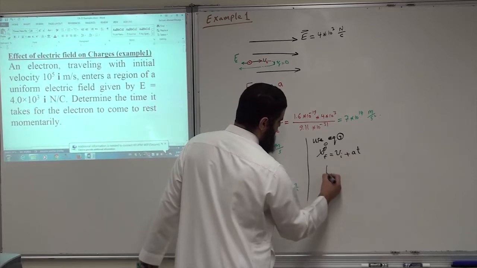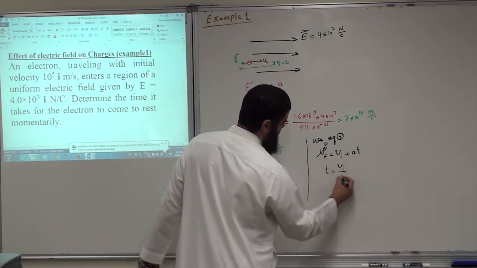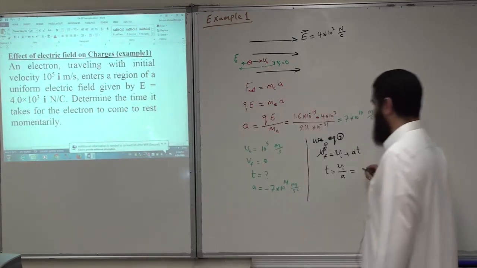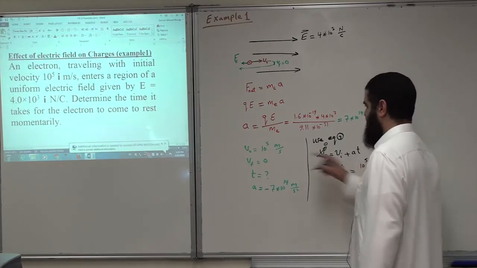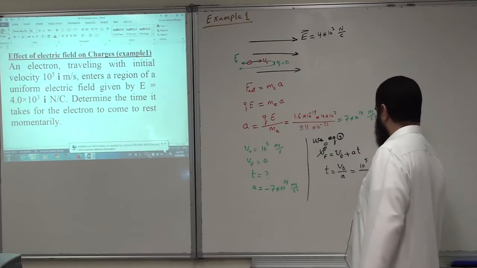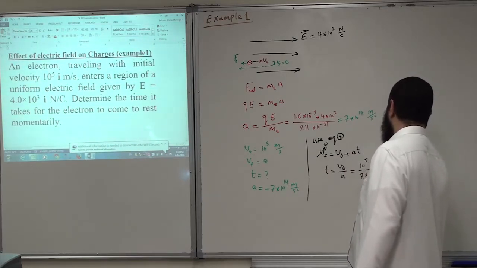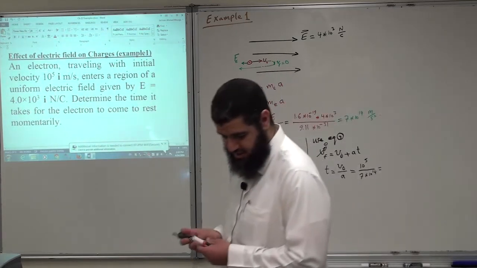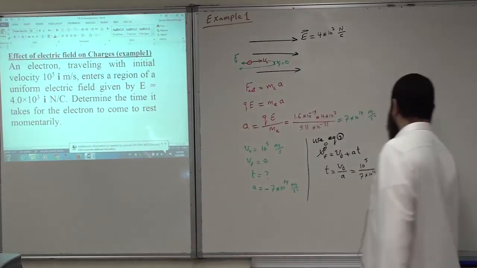So we'll end up with time equals V initial divided by the acceleration. If you do this correctly, you will get 10 to the power 5, we called it here V0, no problem, divided by the acceleration, which is 7 times 10 to the power 14. As you can notice, it is a very small time. It will take 0.14 times 10 to the minus 9 seconds.